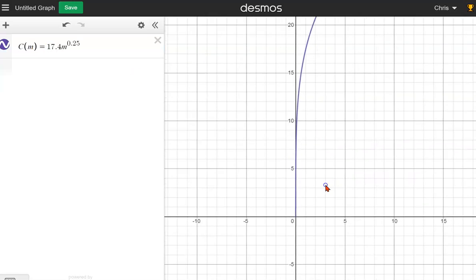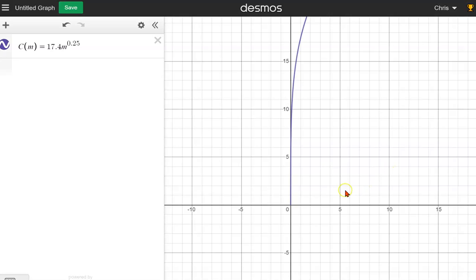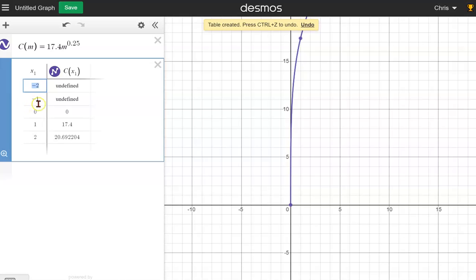So this is the graph. And the question, does it have a minimum or maximum? It has a minimum at 0, 0, as you can see here. And if you notice, there are no negatives. If you have a table of values, if you have -1, below 0 is going to be undefined.